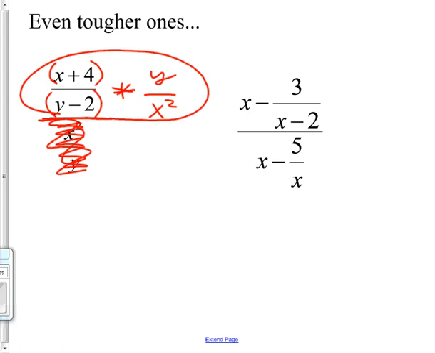Now I'm going to go y times the x plus 4, and it'll be y times the x and y times the 4. xy, or yx, plus 4y, over, I have to take the x squared times the y, yx squared. Could be x squared y, I can reverse those, it wouldn't matter, minus 2x squared.